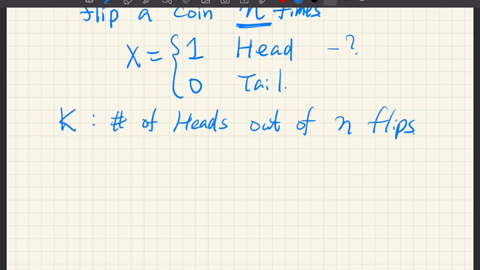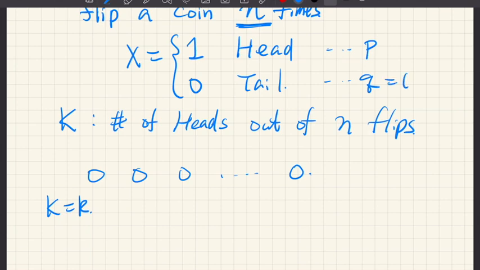So this means if we flip coins n times, how many combinations of getting k heads? And since this is a Bernoulli distribution, we have probability p and probability q, which is 1 minus p.